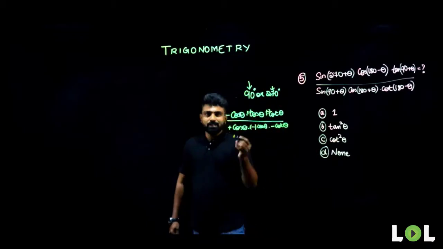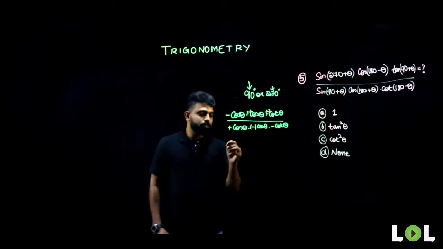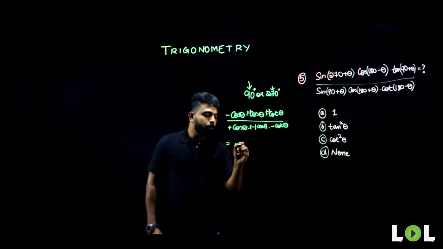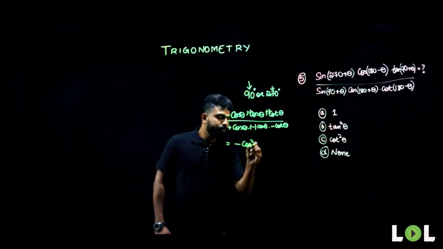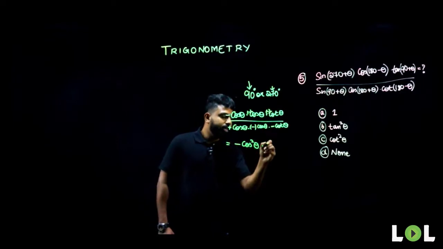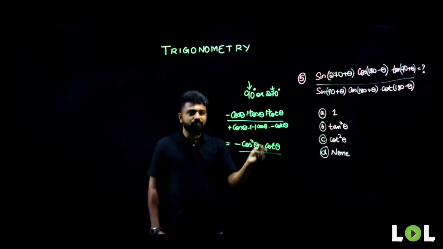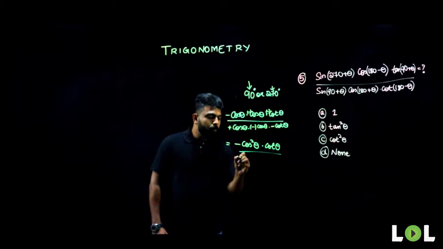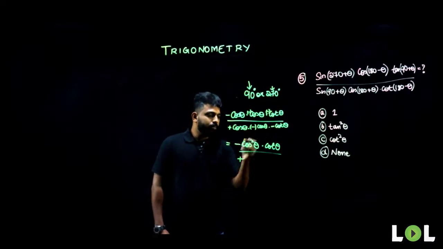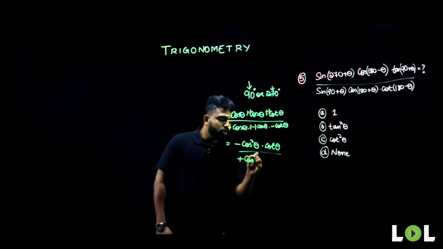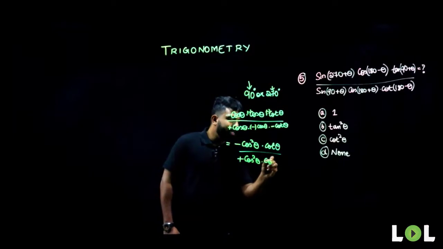So if I simplify this, what do I get? I have 3 negatives, so finally 3 negatives will be my negative only. Cos theta into cos theta will be cos square theta into cot theta, divided by, there are 2 negatives here. Negative into negative will be positive, into cos theta into cos theta will be cos square theta into cot theta.